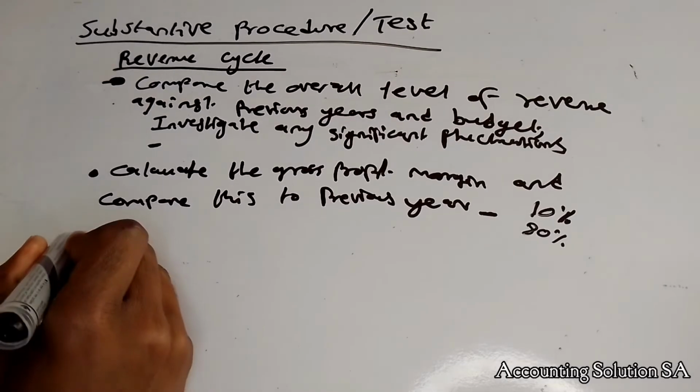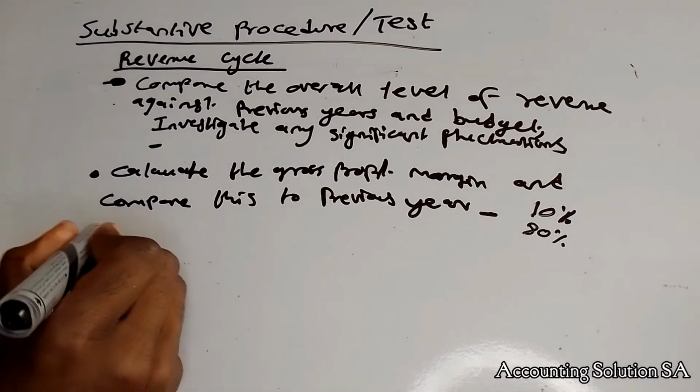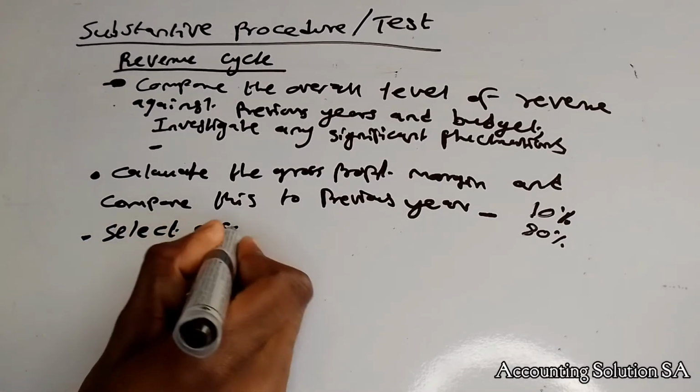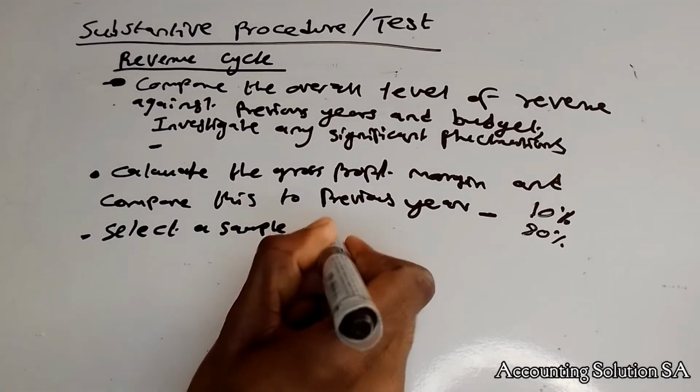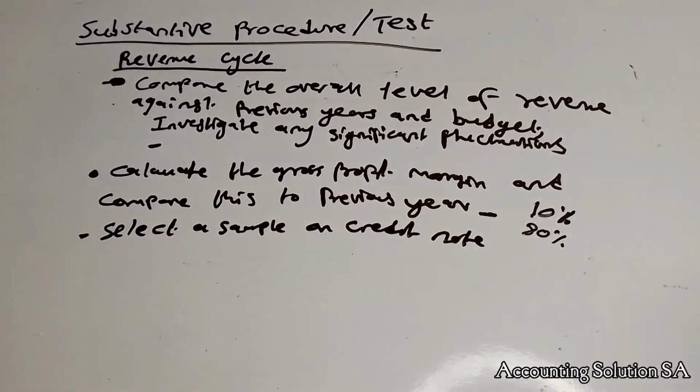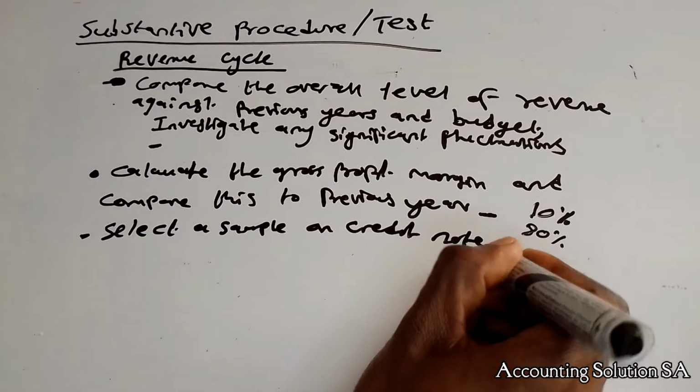The next one, you need to select a sample on credit note. Then you also have to do what?